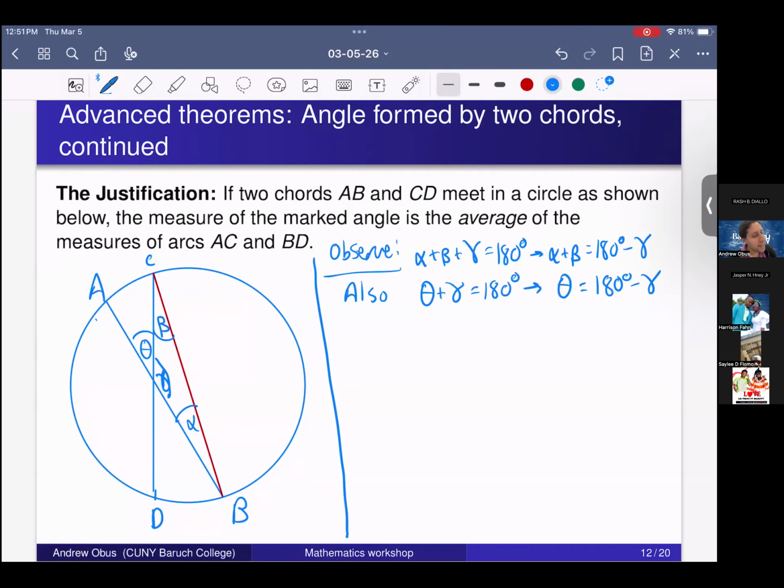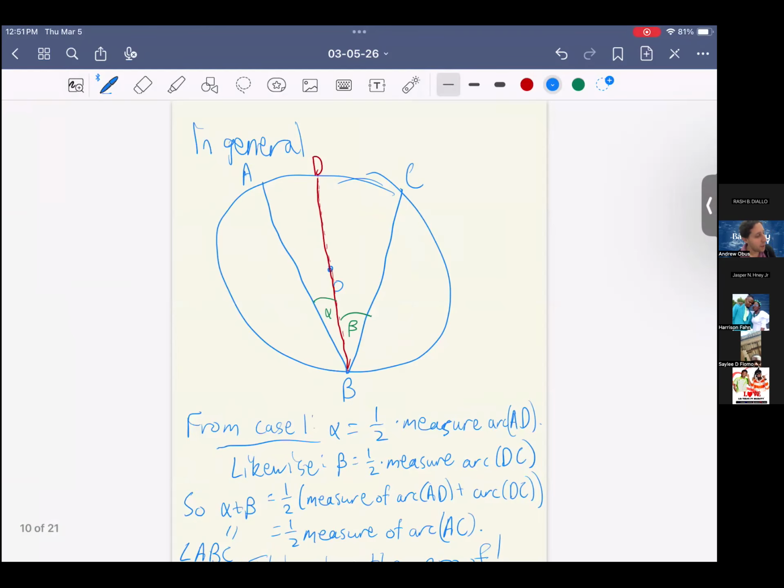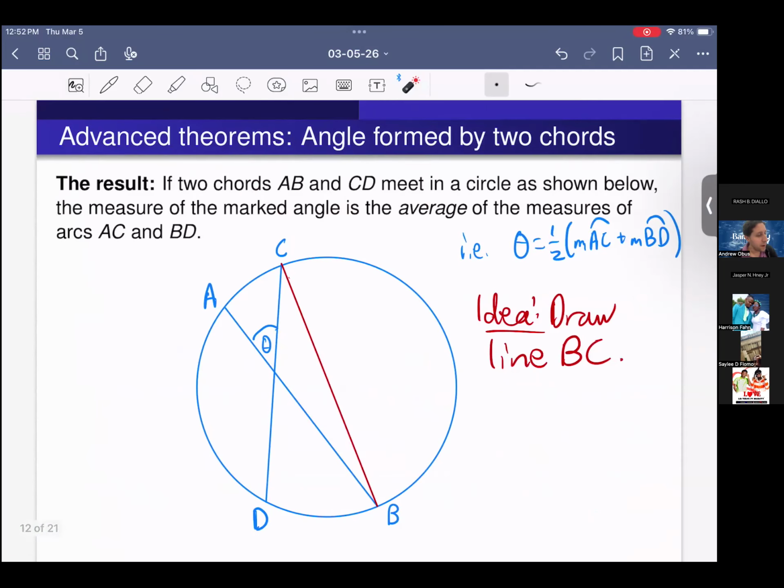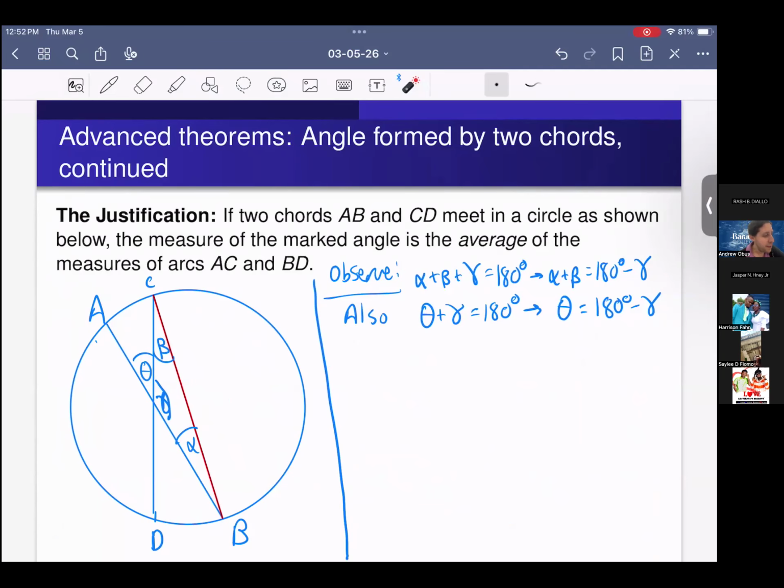This should remind everybody of the first proof, where alpha plus 2 theta was 180, and alpha plus beta was also 180. We're using the same equations here: alpha plus beta plus gamma is 180 because it's a triangle, and theta plus gamma is 180 because it's a line. So both of these are equal to 180 degrees minus gamma. We do the same thing as before. Equating, we find that theta is equal to alpha plus beta.